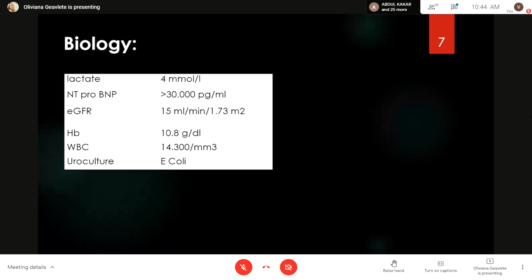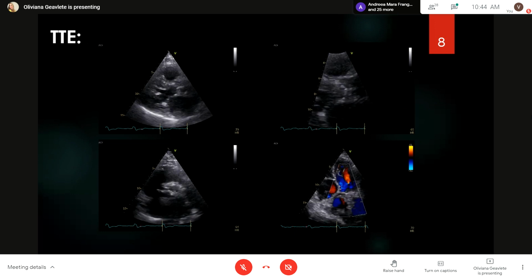With lactate more than 2, hypoperfusion, cold extremities, very high NT-proBNP, the diuresis was not present. It was mixed cardiogenic and septic shock, something like this, because she had these markers of inflammation.